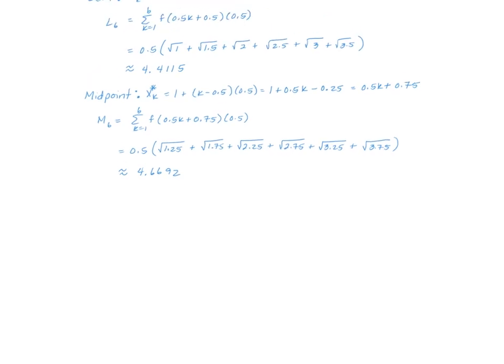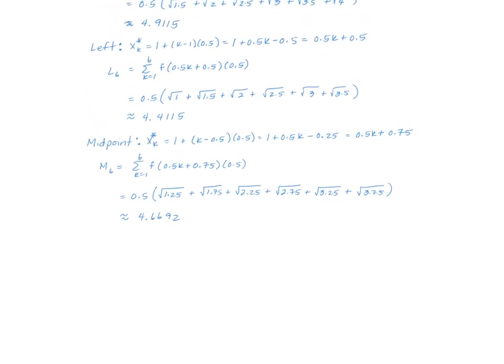When I look at all three values that I have, about 4.9, 4.4, and 4.6 or 7, my conjecture is going to be the middle value, which I got from the midpoint Riemann sum. So my conjecture is that the area is going to be closest to 4.6692. Typically you would choose the middle value.